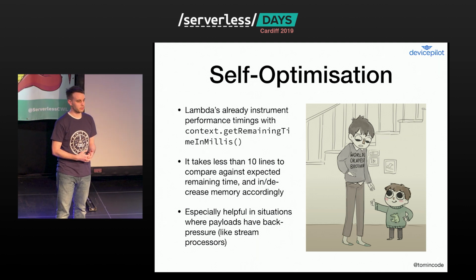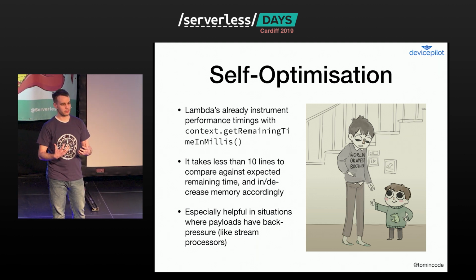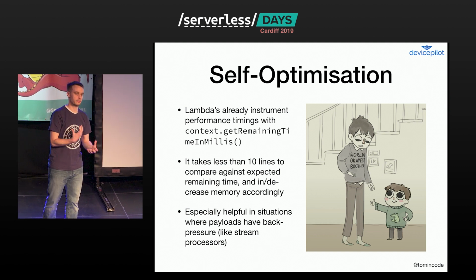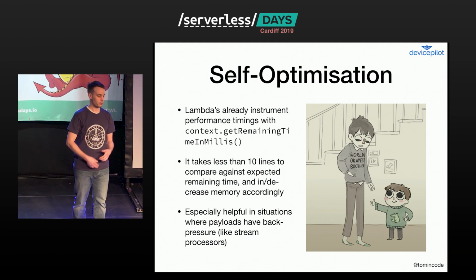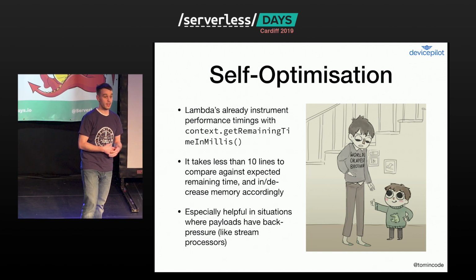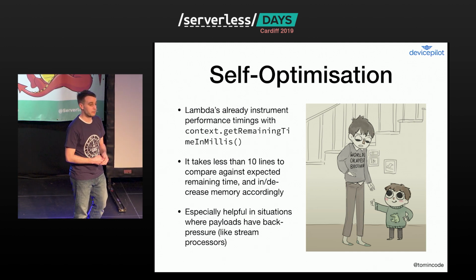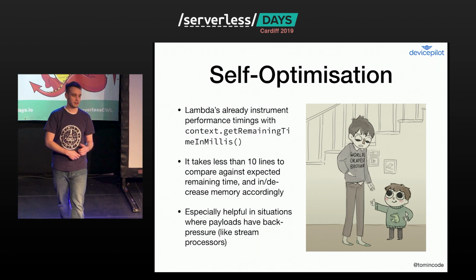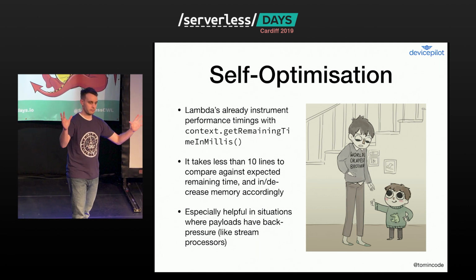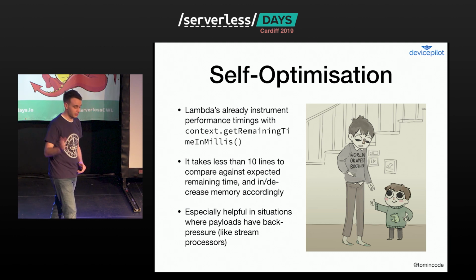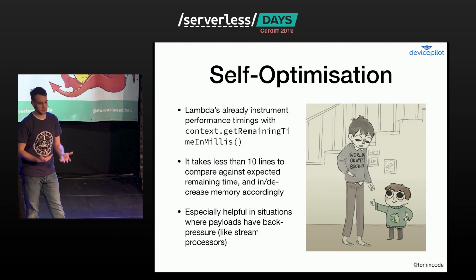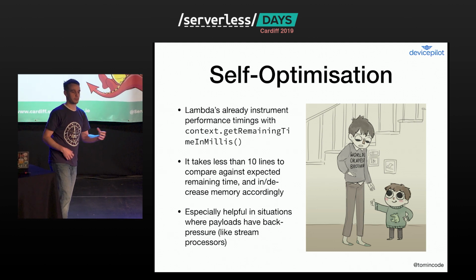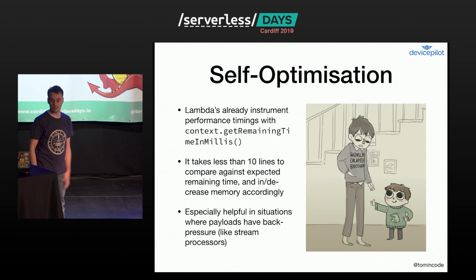Now, you might not want to do this with Lambdas that are invoked with very stable payloads, but if you're on the receiving end of a stream and you're just pootling along with 1 or 2 records, you'd probably get away with 128 megabytes, and then when suddenly you see that you've got a batch of 500, reconfigure yourself, get the guns out, 3 gigabytes worth of RAM until that backs down again. You can take this even further, and you can start modifying your event sources, especially if you're buffering between 2 other auto-scaling services.